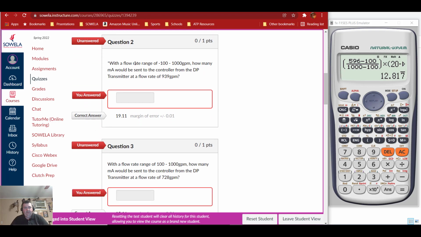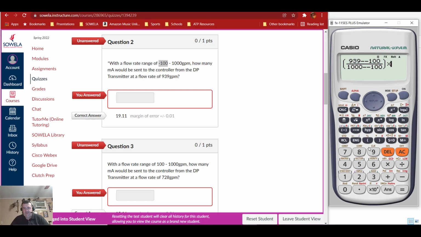Question number 2. With a flow rate range of negative 100 to 1,000, looking for milliamps, and we have a flow rate of 939. So we're going to put in the 939 minus 100 over 1,000 minus 100.